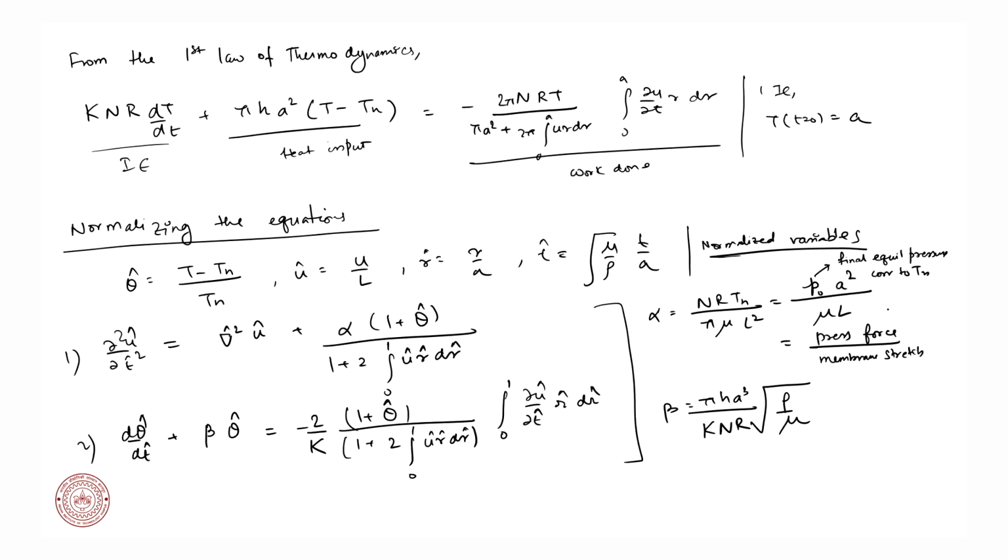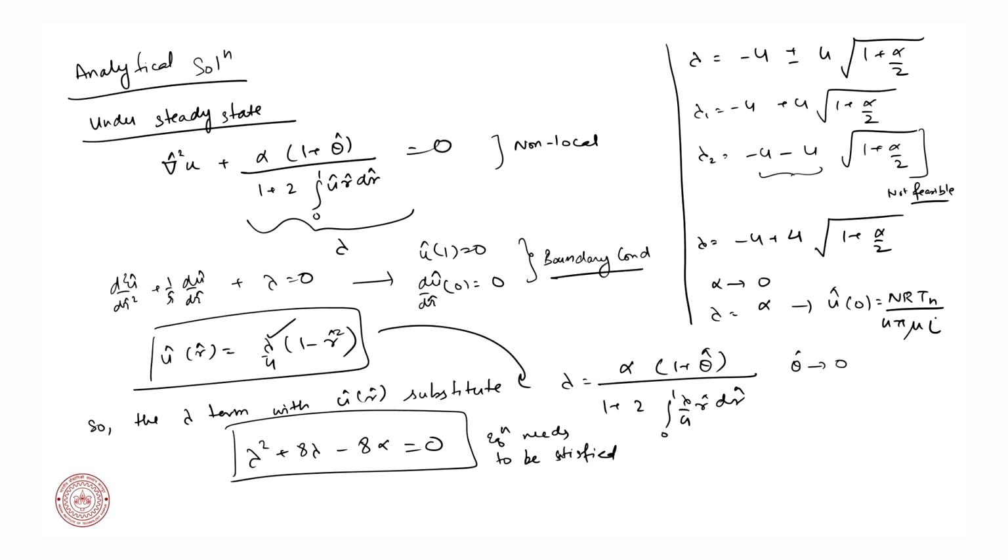If we go back over here, alpha is defined as nrth over pi mu L square. So, u hat of 0 equals nrth over 4 pi mu L square. That is your maximum displacement or deflection at steady state.